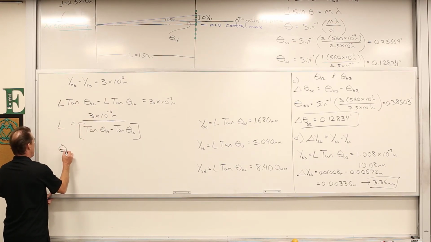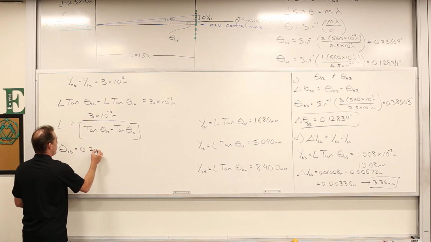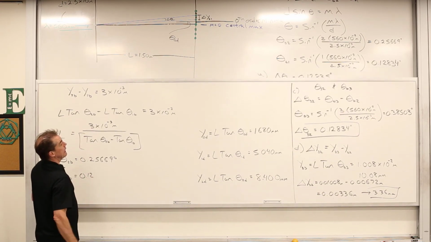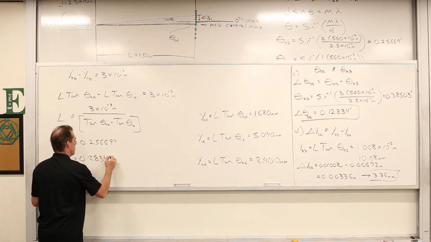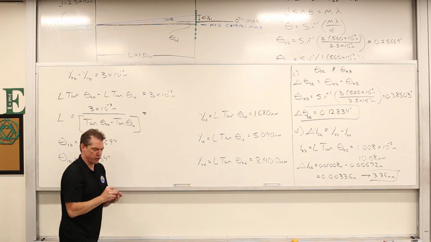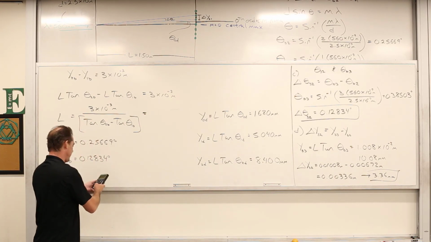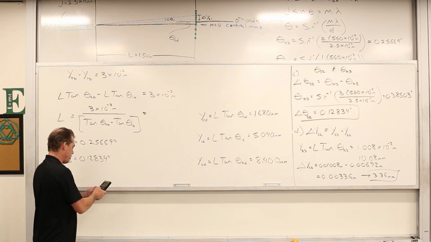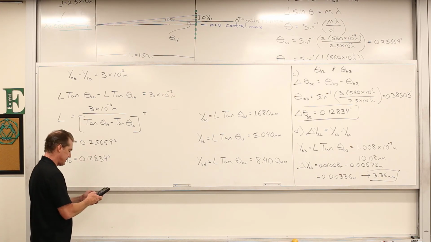Theta 2 bright is 0.25669 degrees, and theta 1 bright was equal to 0.12834. So we can stick those in there, and we got ourselves an L. All right, so let's just do this. 3 divided by the quantity of the tangent of 0.25669 minus the tangent of 0.12834.